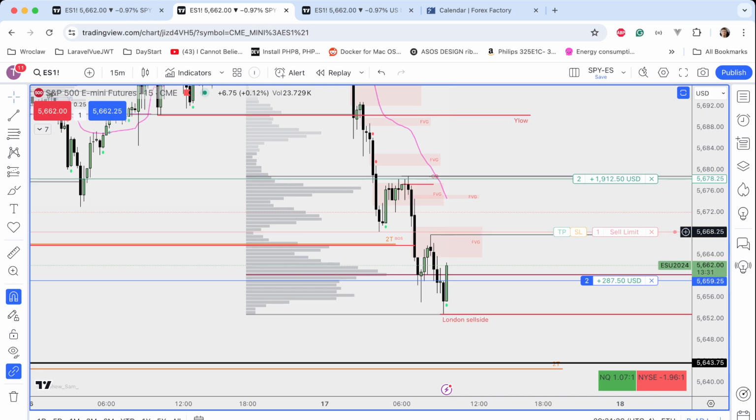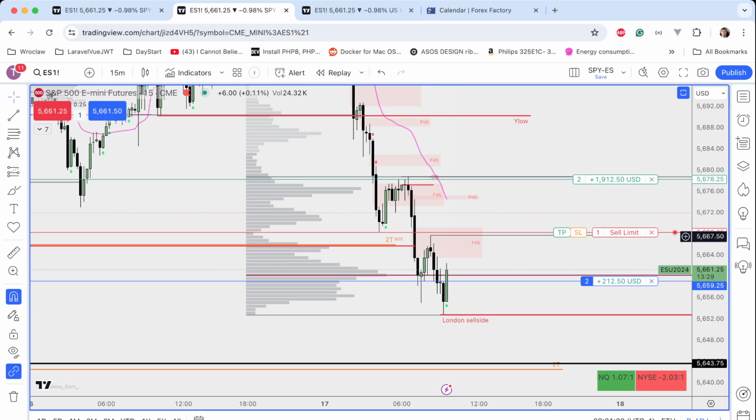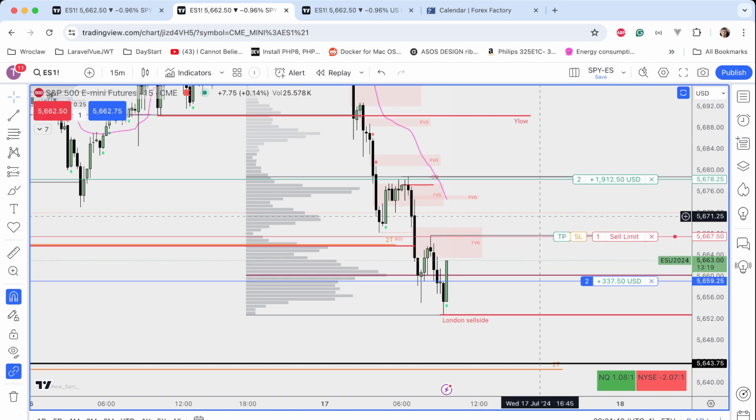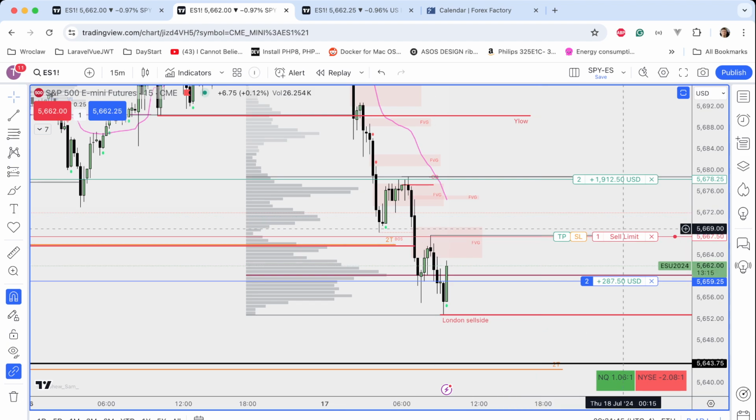Should expect the price to get there. I might close everything when we get there, and then reload.